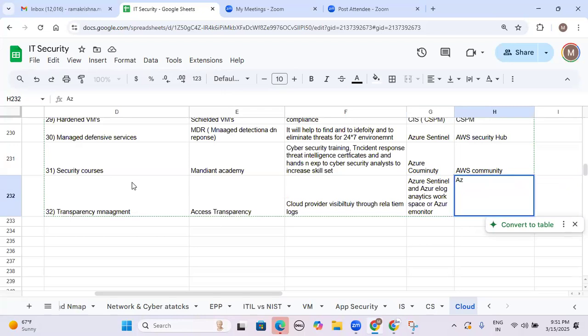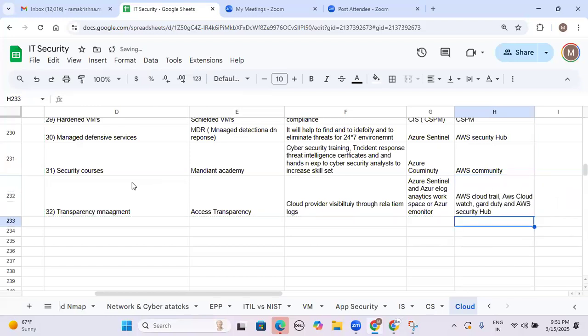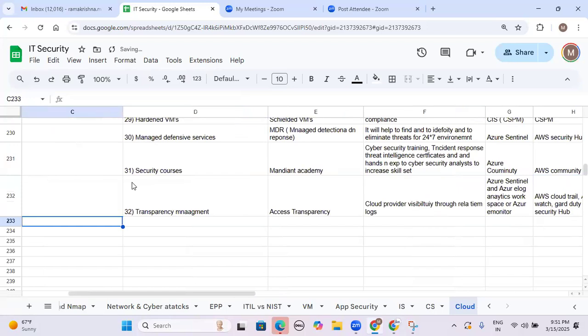Here on Amazon AWS, it is AWS CloudTrail, AWS CloudWatch, GuardDuty, and finally AWS Security Hub. So that is about transparency management.